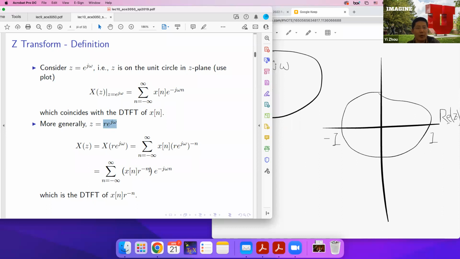We can combine this part with the signal, and the rest of the exponential part we leave there. So this can be understood as the DTFT of the signal of interest x[n] scaled by another exponentially decreasing signal. The basic idea is very similar to the Laplace transform.